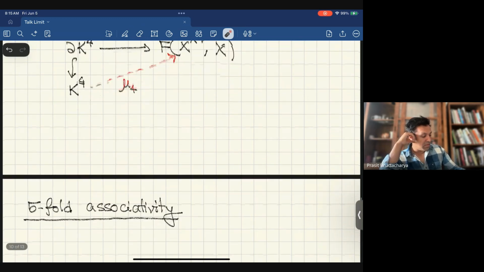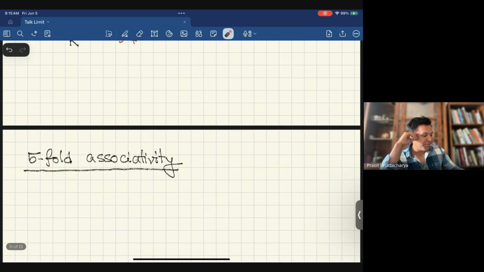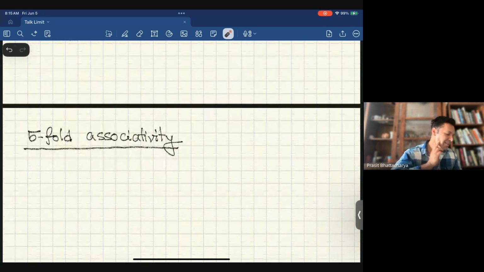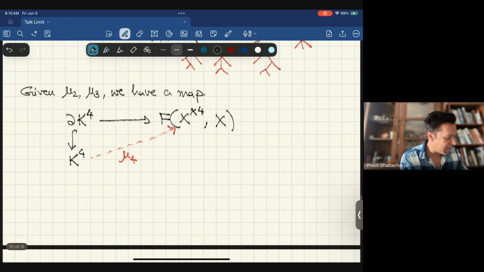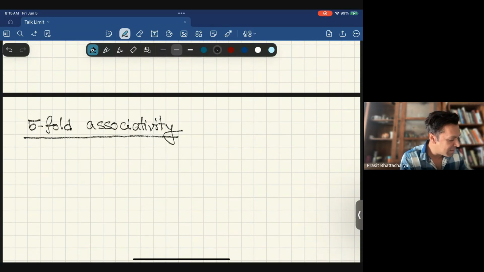So let me do this for fivefold. Okay, for fivefold, things get a little crazy. So there is a polytope. These are K4, K5, and all these things are called Stasheff polytopes. So you can look up.